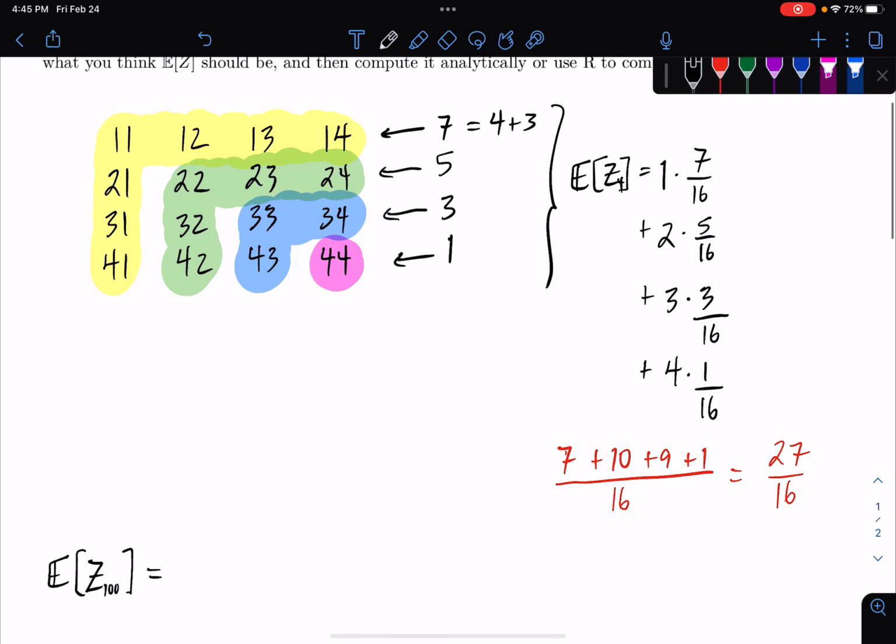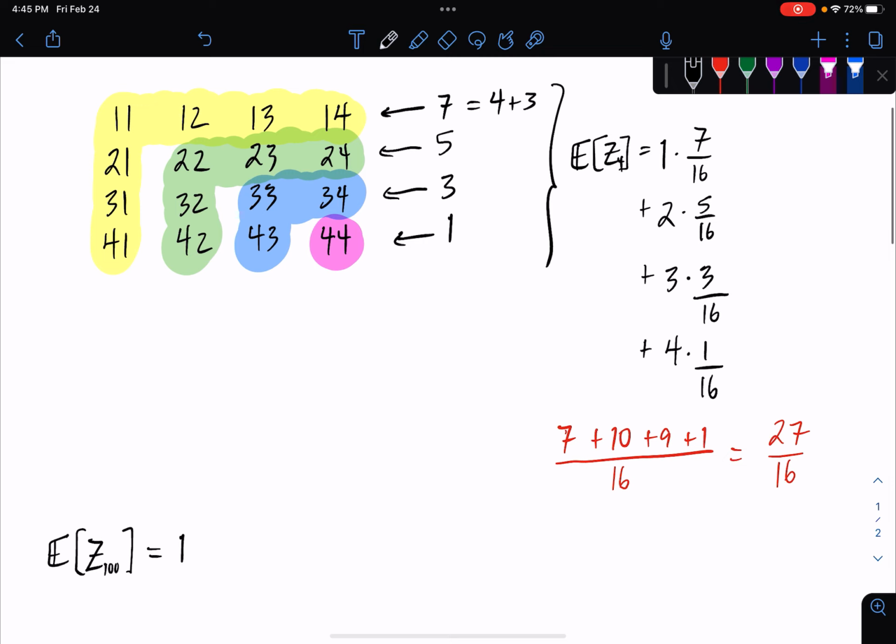And what's this going to be? It's going to be 1 times 100 plus 99 over 100 squared, plus 2 times 99 plus 98 over 100 squared.